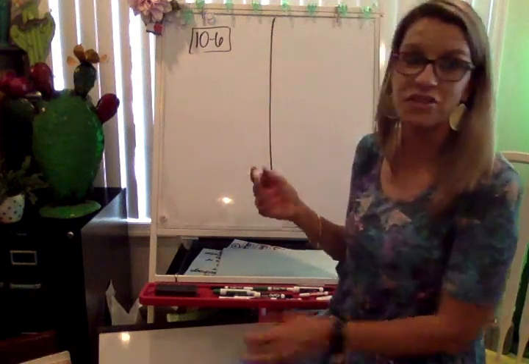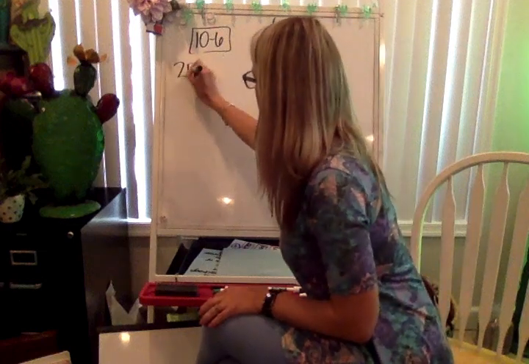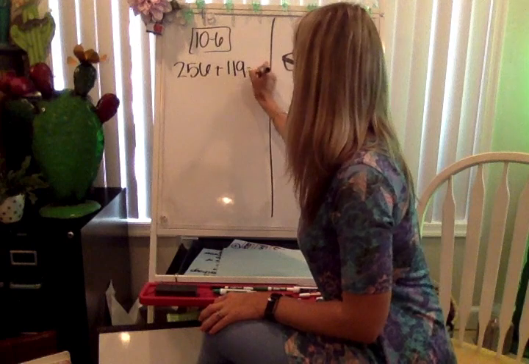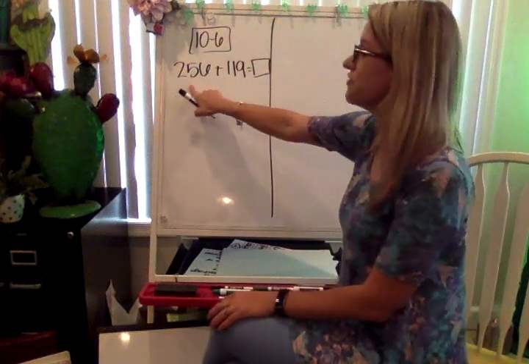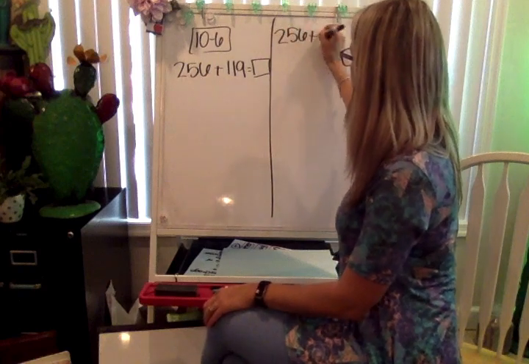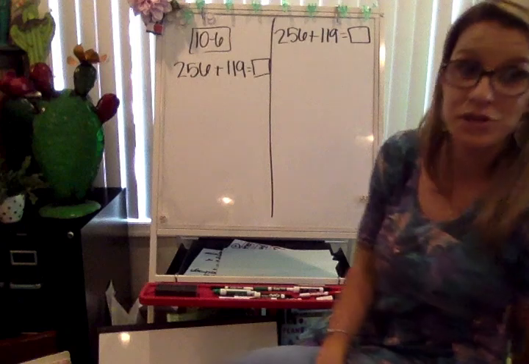So we're going to solve the same equation two different ways. So 256 plus 119. I'm just going to write it 2 times.